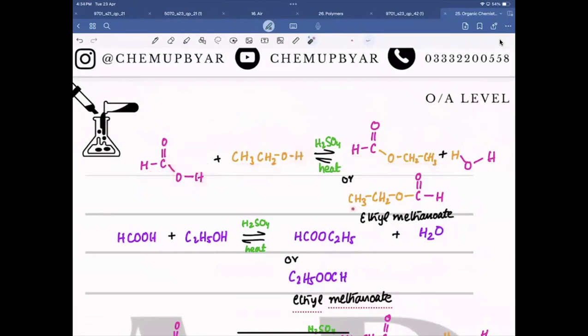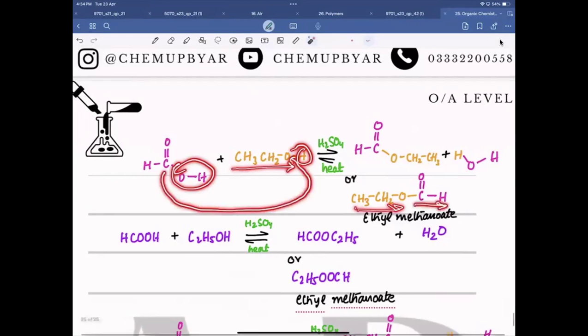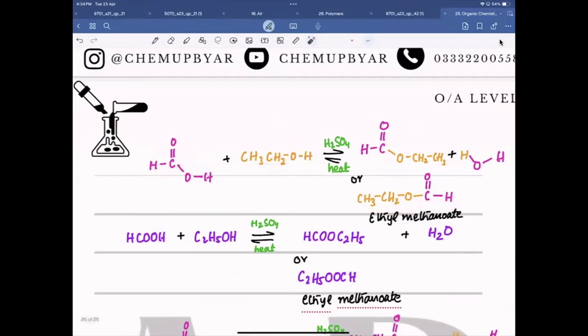And if you see over here, we have started with this like this. And then as this group and this group are removed, this carbon gets bonded with the O. And as a result, this part gets flipped over here. Is this clear? Yes, sir.